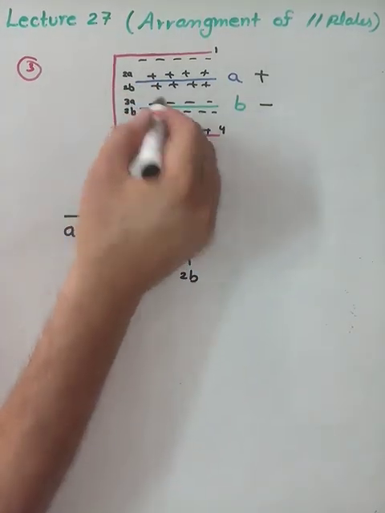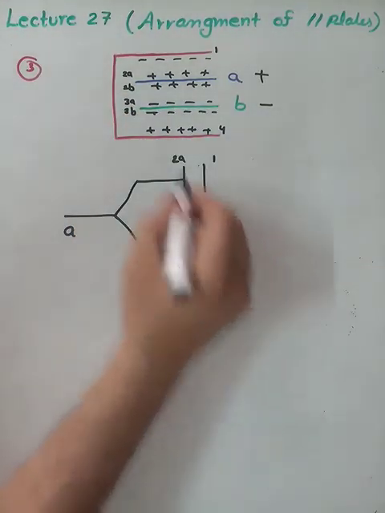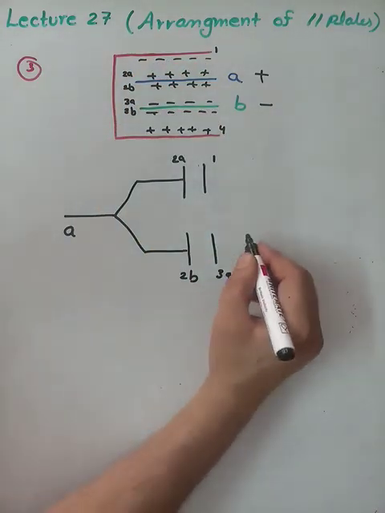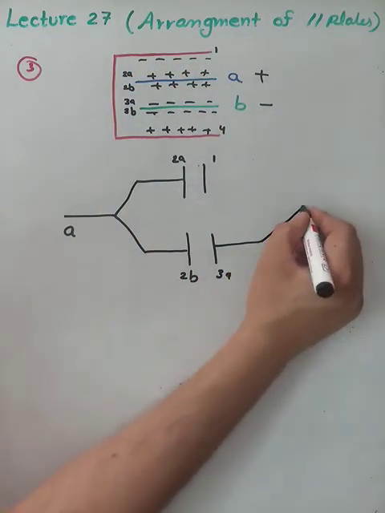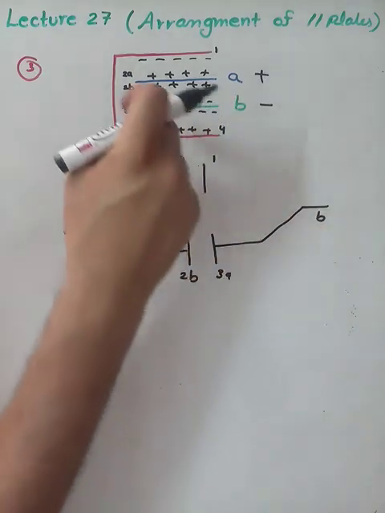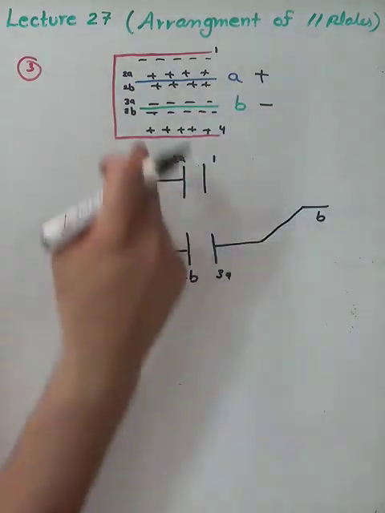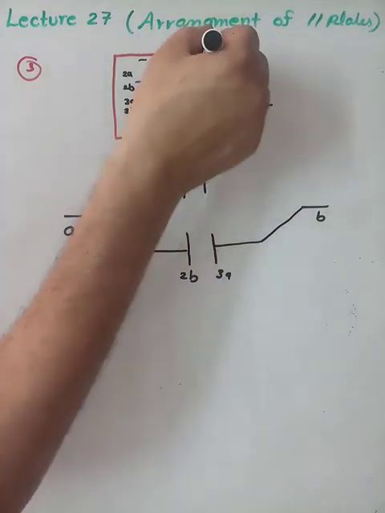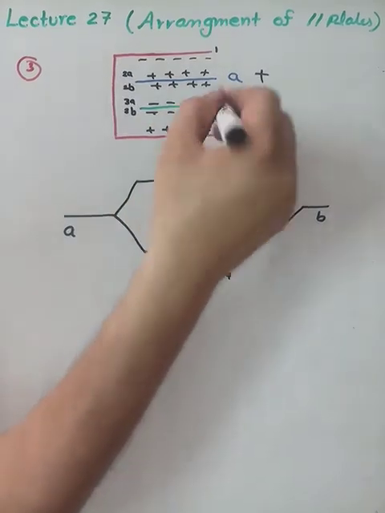In front of 2B we have 3A, and this 3A is connected with the B point. And with 1 we have 4.